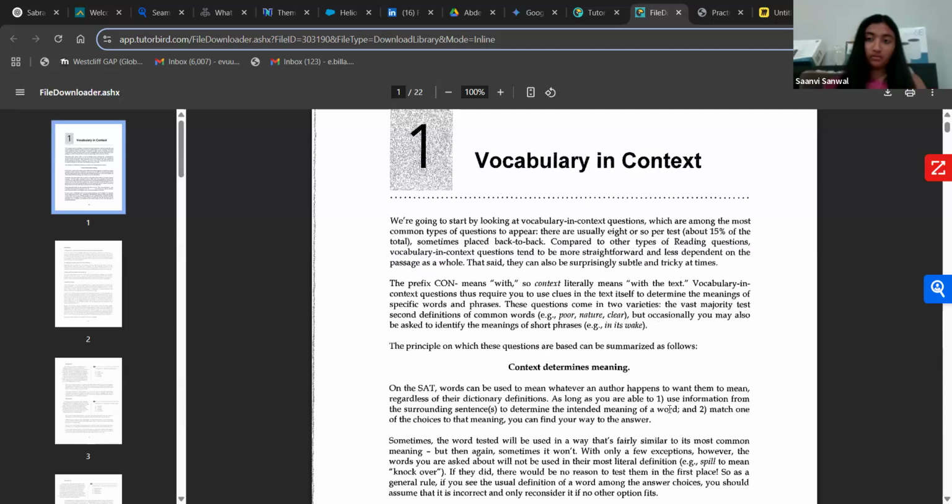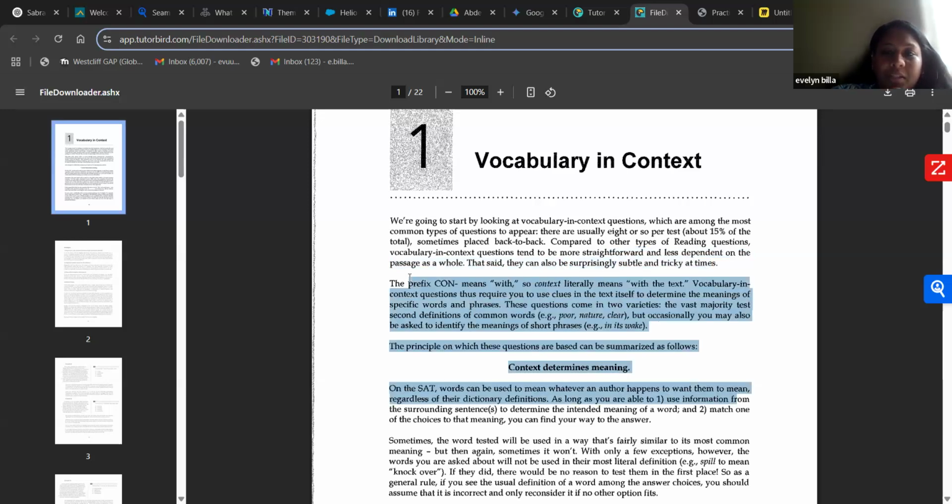I don't know. Okay, no worries. You can look it up while another person is giving the answer. Kaushika. Like, not obvious. Yeah, not obvious. Okay, good job. So it may be straightforward or less dependent, but sometimes it can also be subtle and tricky.